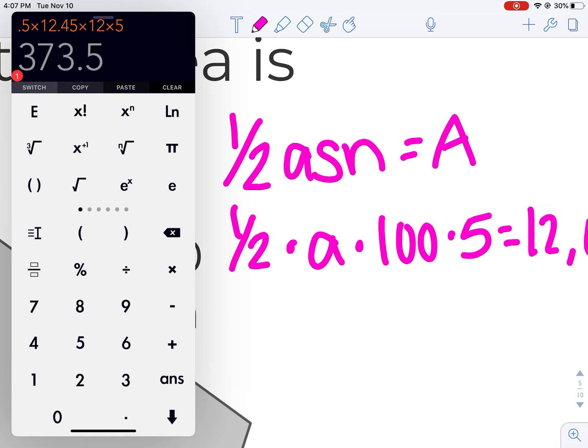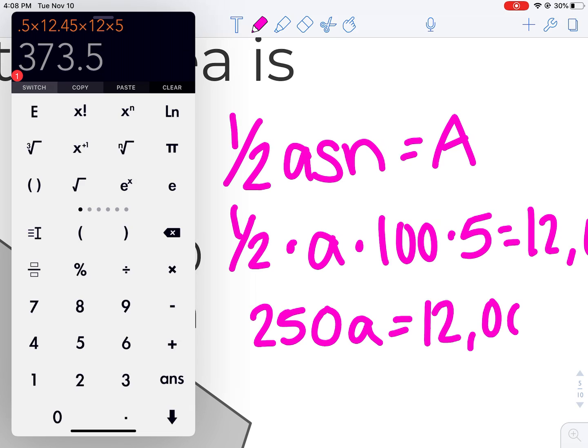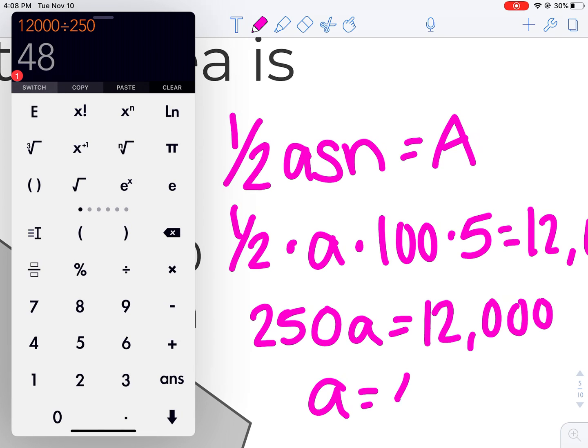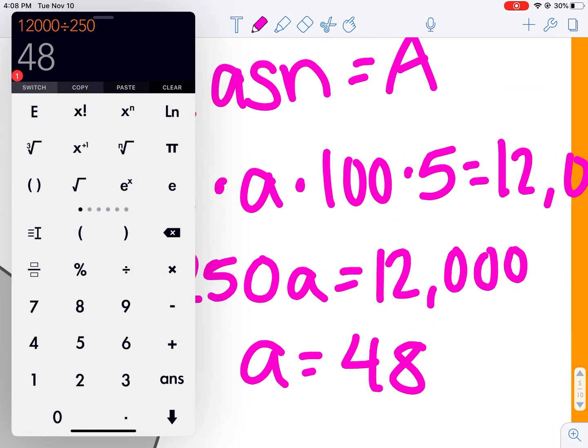Half of 100 is 50. 50 times 5 is the same as 5 times 5, 25. Tack on a 0 at the end, so 250A is 12,000. 12,000 divided by 250 then. My apothem must be 48 centimeters.